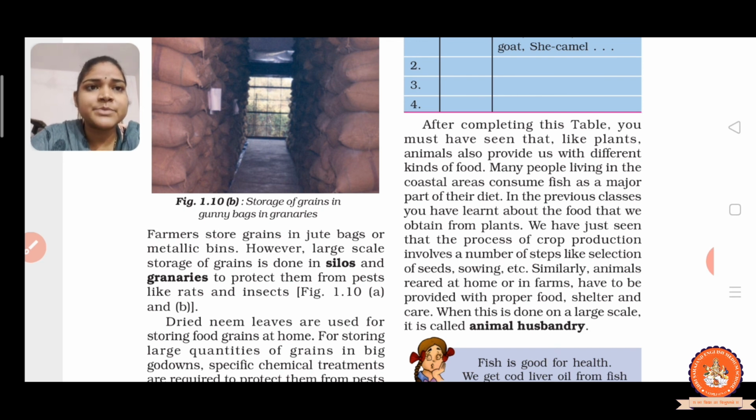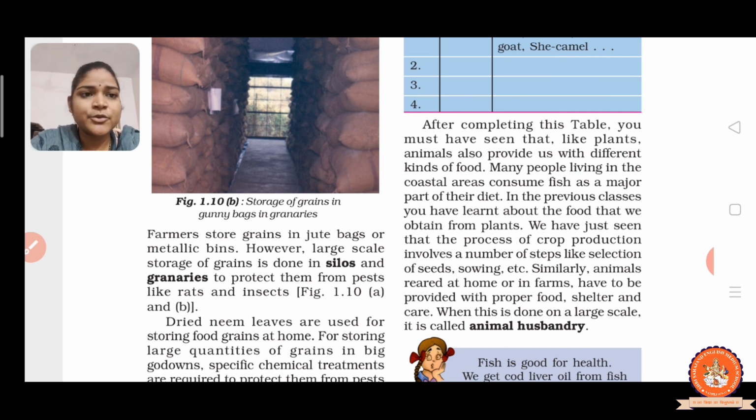Animal husbandry means the process of breeding, feeding and caring for livestock for food and other useful purposes, such as cow dung and urine, which are used for manuring and fertilize our soil. That's why animal husbandry is useful, right?